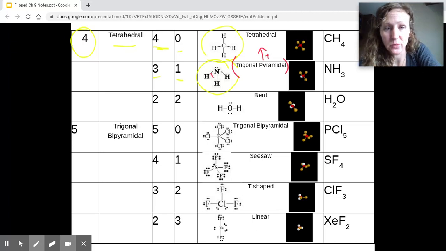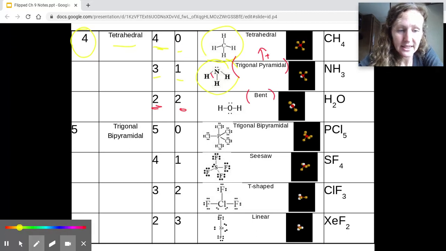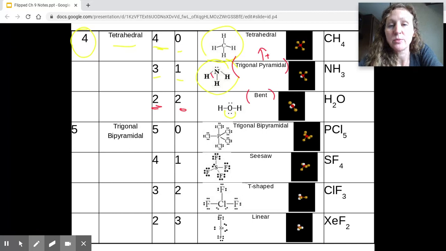And the angle here is going to be less than 109.5. If we look at water, we have 2 bonding, 2 non-bonding, also known as bent. And the angle between these 2 is going to be less than 109.5, also known as 107 degrees.